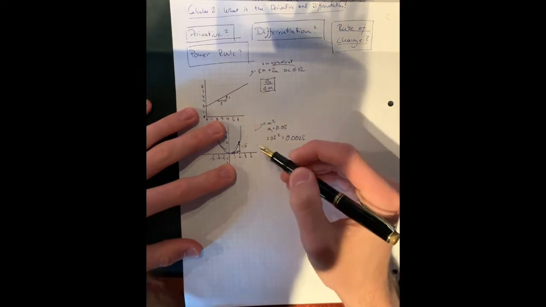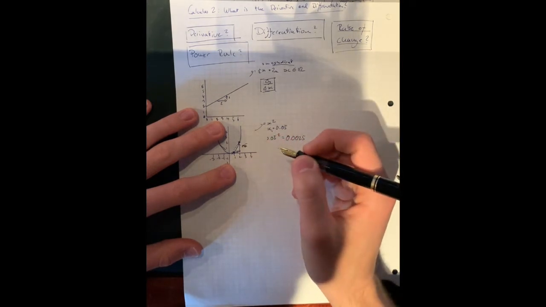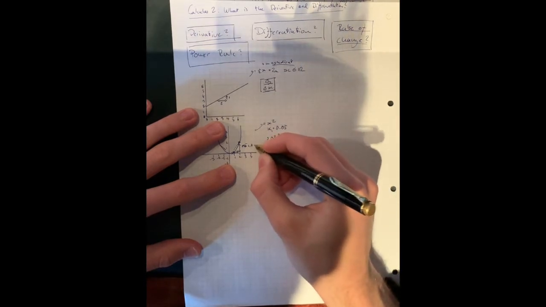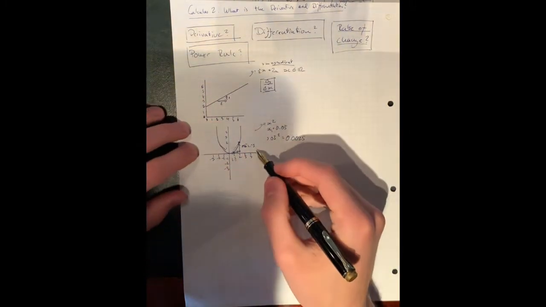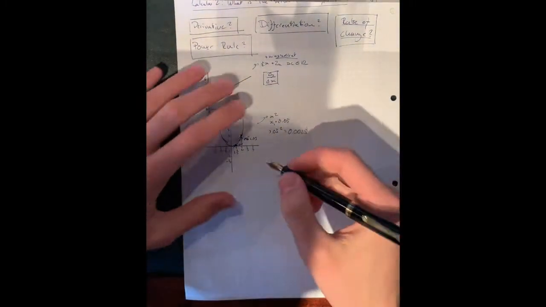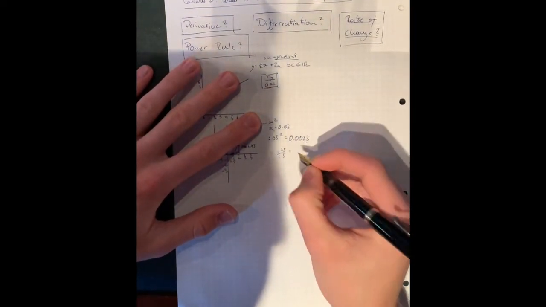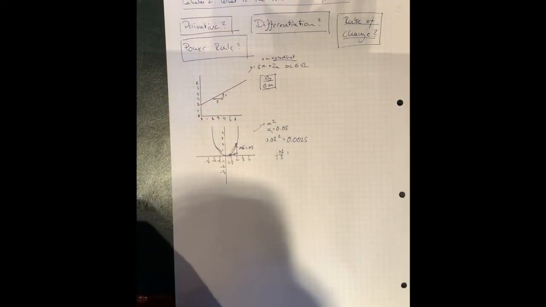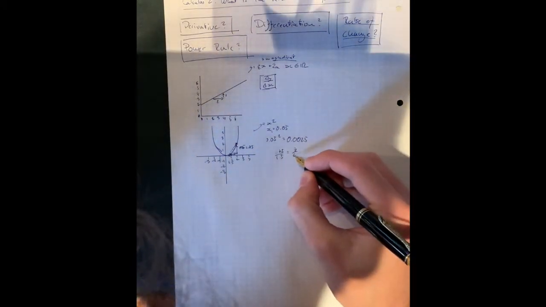So the rise is 2 minus 0.25, so 1.75, and the run is 1.5. And if you try and use the gradient like this, 1.75 divided by 1.5, it's going to give you, in fraction form, 7 over 6. This is going to be terribly inaccurate.